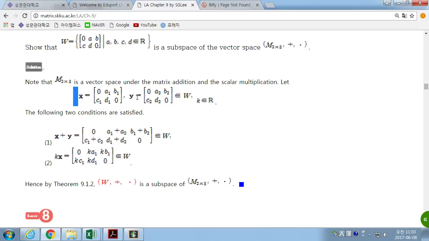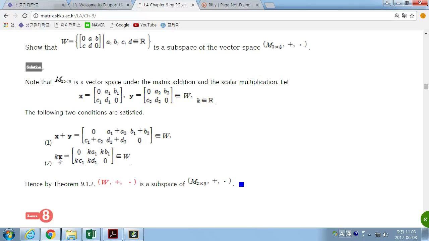So we choose 2 vectors from W. Then add these 2. Then the 1,1 entry and the 2,3 entry are 0. So this is a matrix which is in W. Okay? So W is closed under vector addition. When you choose 2 vectors from W, their sum is in W.